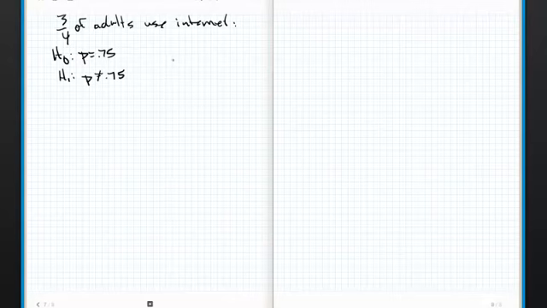Now, we're going to get into this in class, what exactly alpha is, all right? But I think you're going to start being able to figure out, based on what we've messed around with alpha before, what it is. But I'm going to test this at alpha equals 0.05. And I'm going to make up some information, okay?